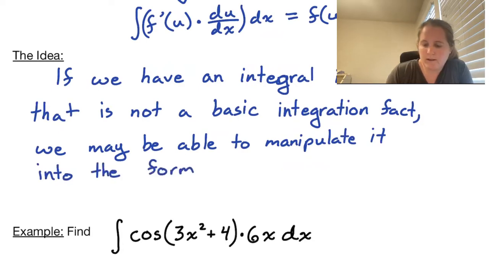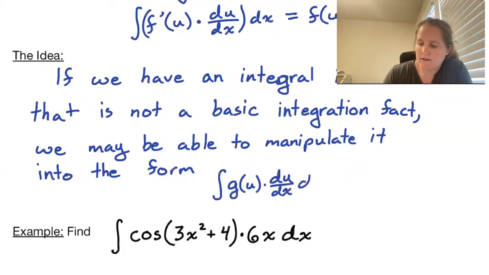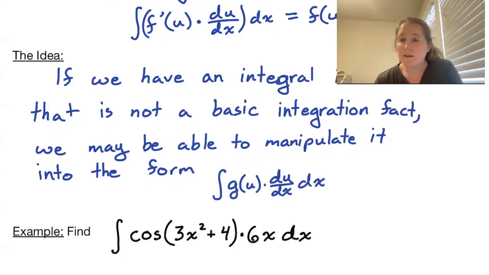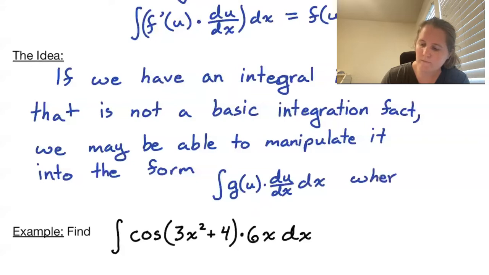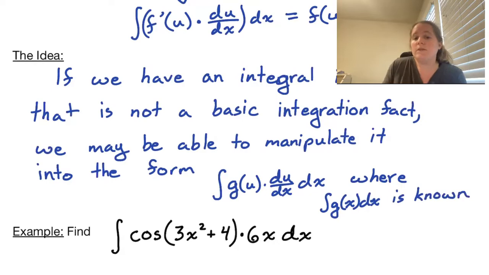I'm not going to write it exactly in that way. I'm just going to write it in the form integral of g of u times du dx, where the integral of g is one we know. So we're essentially trying to force a chain rule to appear so we can undo it to integrate.